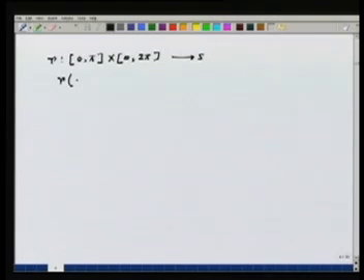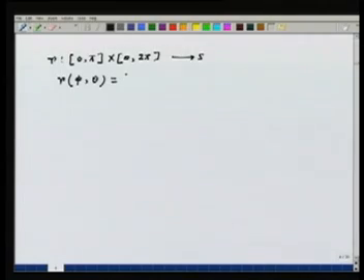The map, let us call it little r, is a map from 0 to pi cross 0 to 2 pi to the sphere S, that is r of phi, theta.